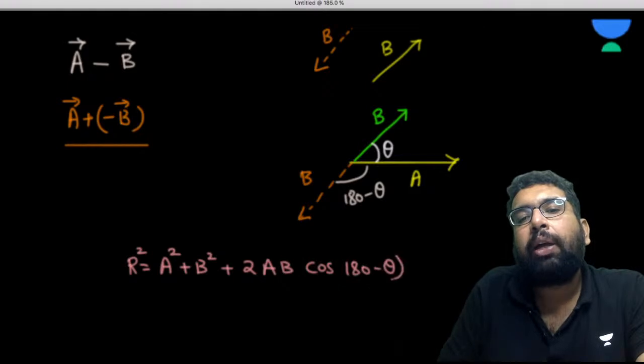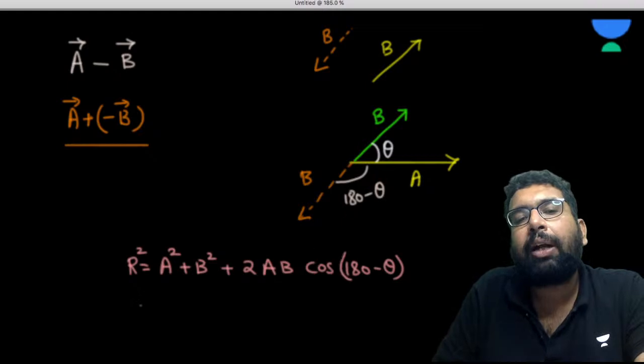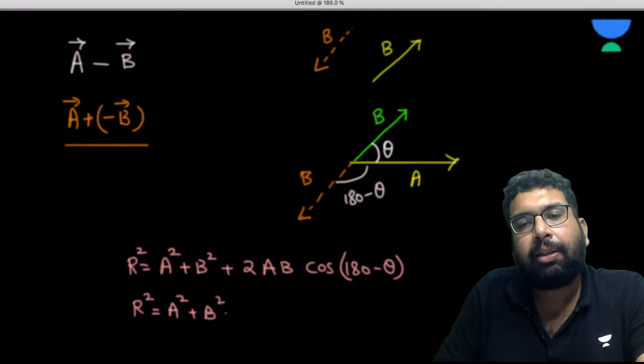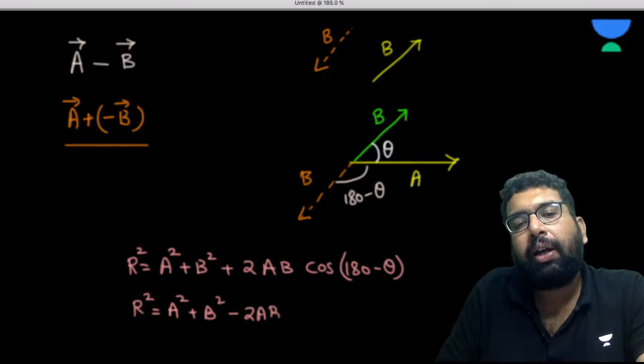Here the angle is 180 minus theta, and cos of 180 minus theta is minus cos theta. I hope you know that. If you don't know it, you know it now.